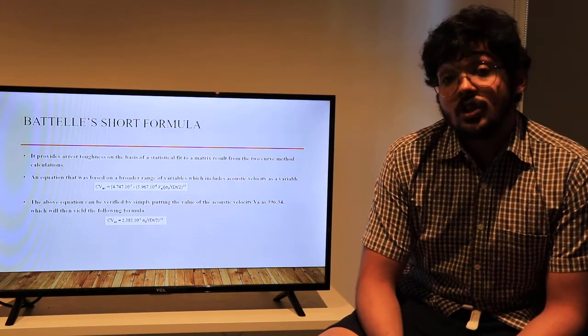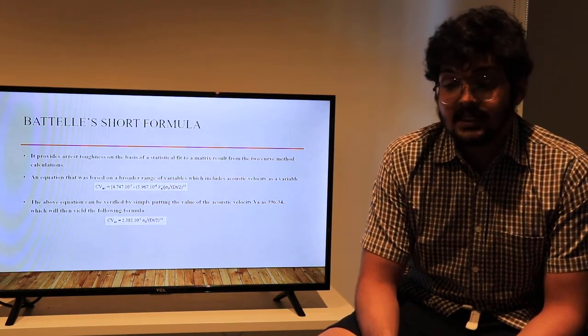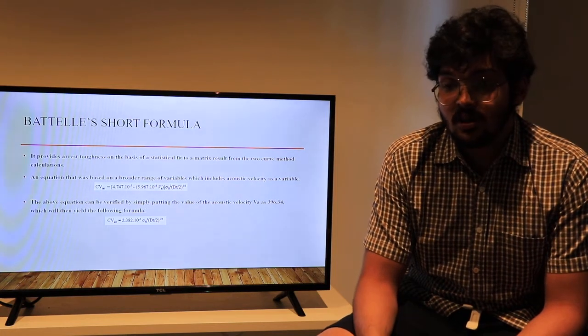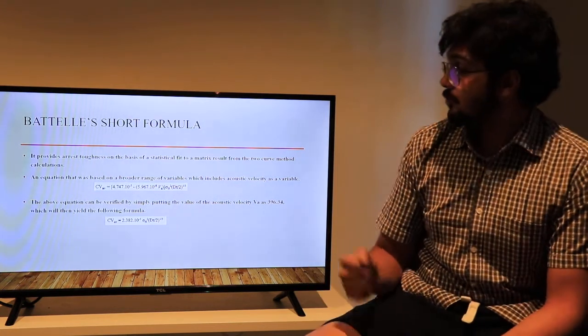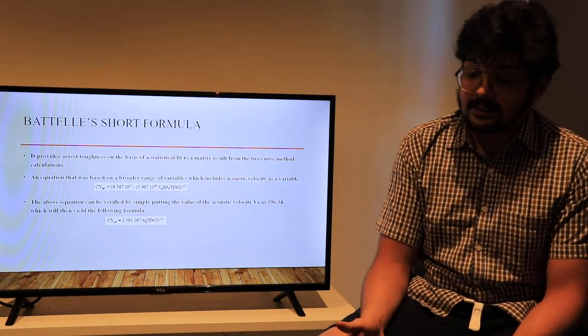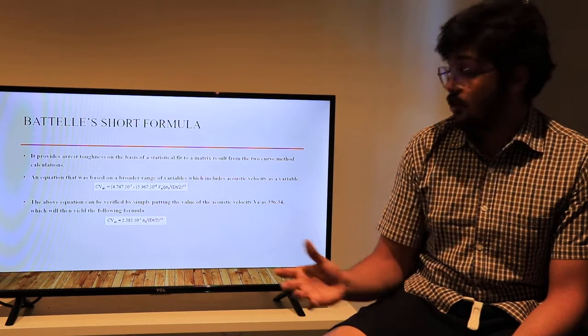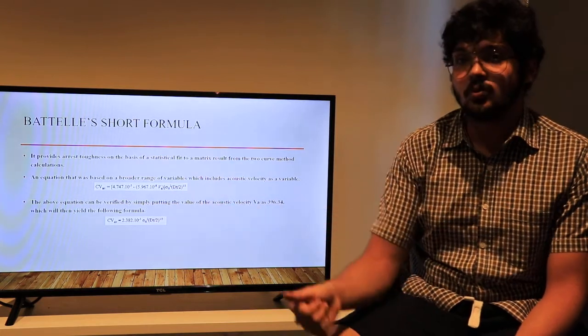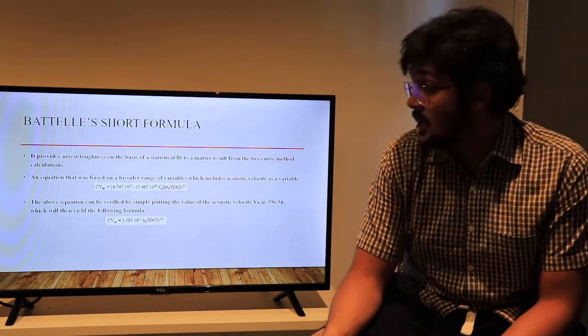It was also limited to 2/3 of the specimen size. It wasn't for all subsize specimens. Then the short formula was developed, and it compares the data between the formula generated out here and the two-curve method to figure out the accuracy.